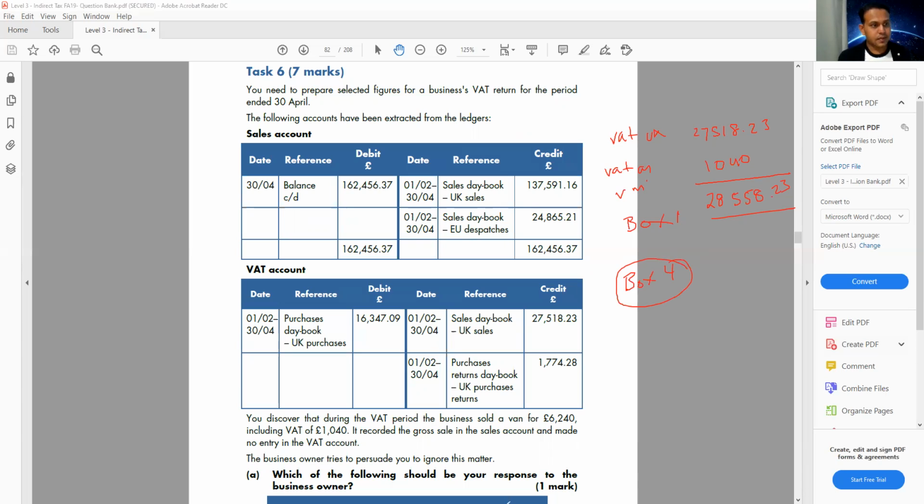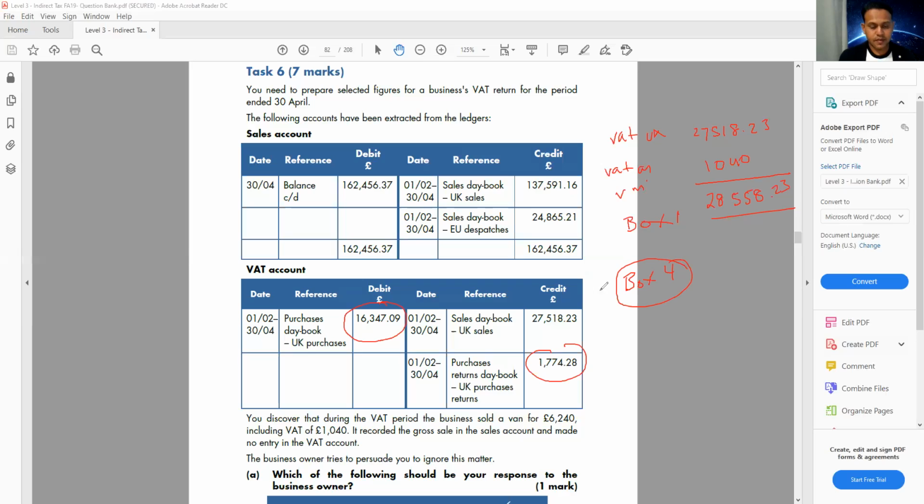First we have the VAT on purchase, that is 16,347.09. And of course, there is a purchase return as well. So 16,347.09 minus 1774.28. That gives me 14,572.81.